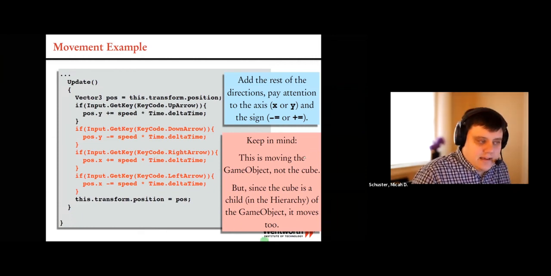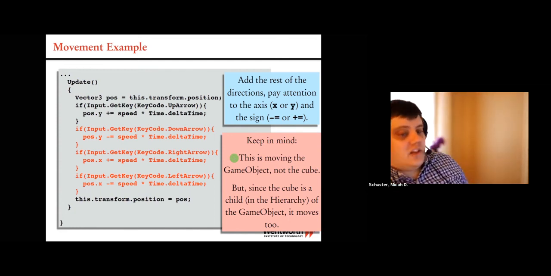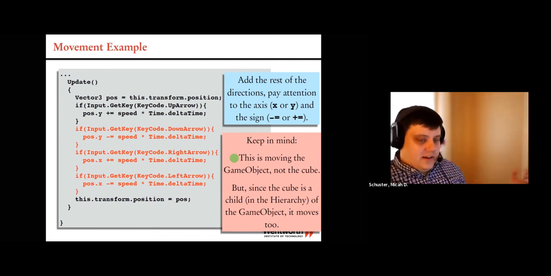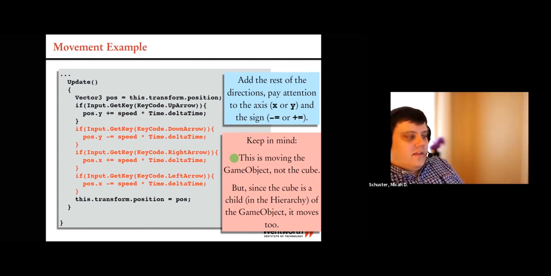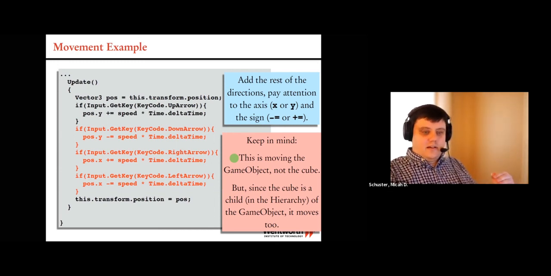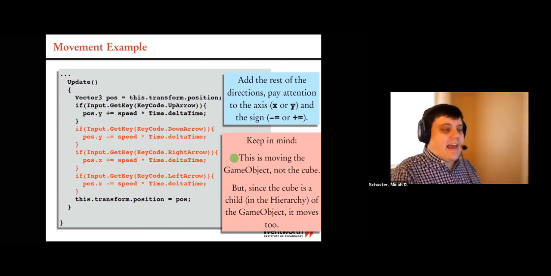So keep in mind here that we're moving the game object. We're not actually moving the cube. We're moving that empty game object. The cube is that child. And so if we move the parent, the child moves too, but the child is still at 0 in reference to the game object that we're actually moving. That's something that we'll come back to in the future, because our player character will be an empty, and its graphic will be a child. And that makes it easy for us to change the graphic and add other stuff to it.